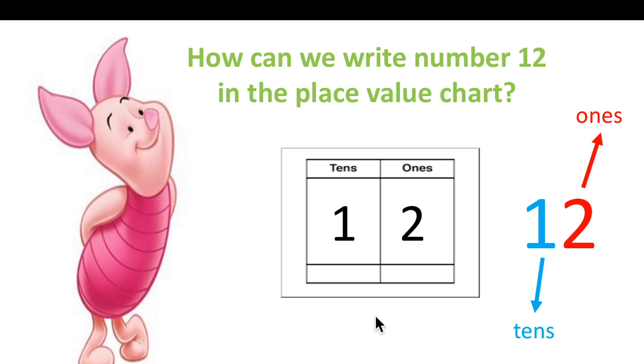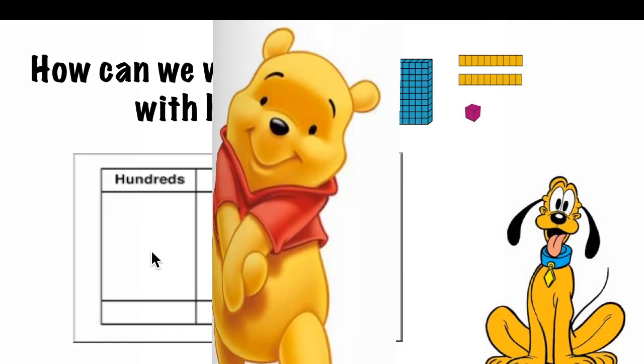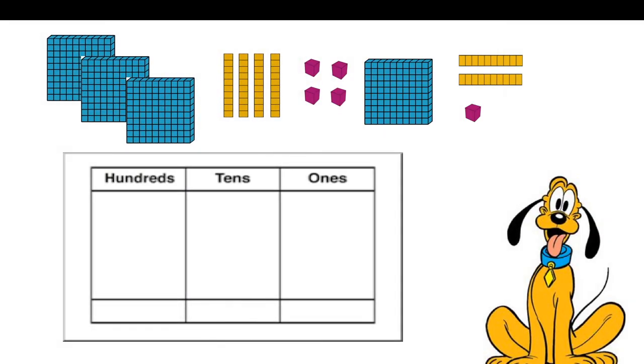Ones, tens, and if we have hundreds, we will also use the hundreds box. Look at this. These are place value blocks. We count them and we always start from ones, then tens and hundreds, and we will write the numbers inside the place value chart.